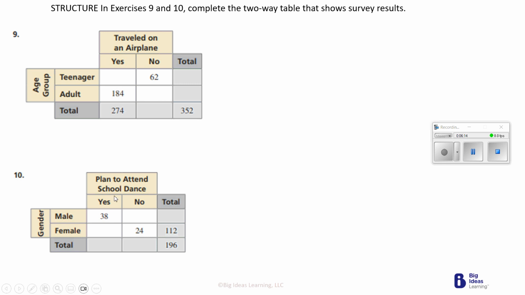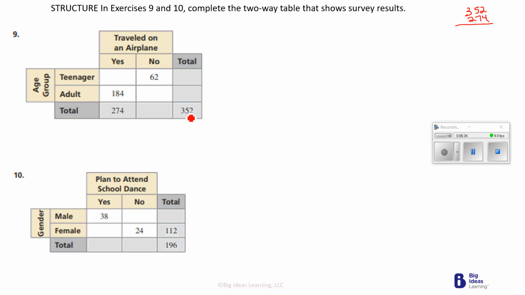Well, okay, so this is almost like doing a Sudoku puzzle when you think about it. First, I'm going to take 352, and I'm going to minus 274. Let's just do this over here. That's going to give me what the no's are, right?